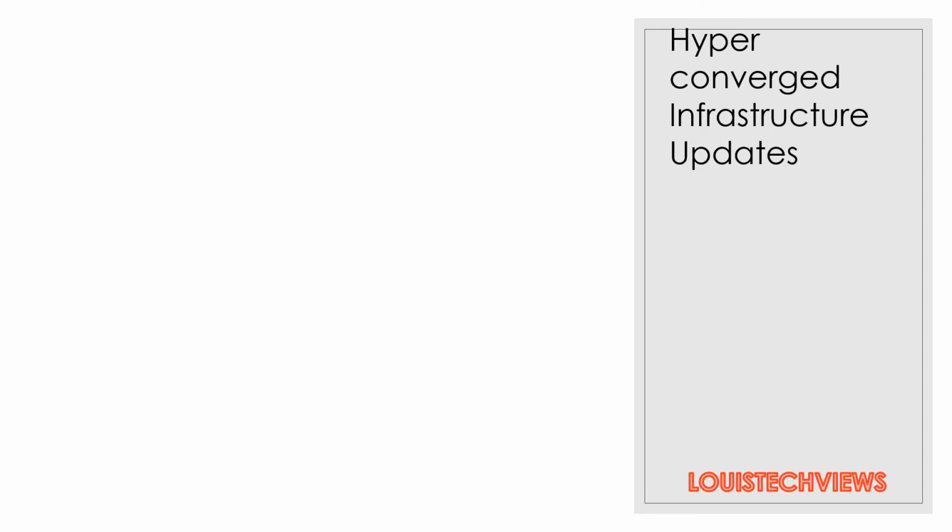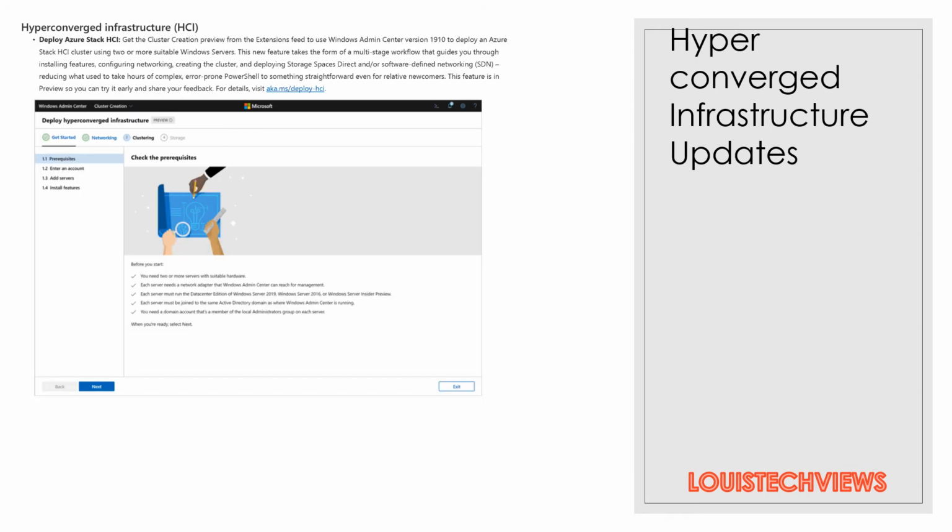And so let's go into hyper-converged infrastructure updates. There are some capabilities where you can deploy Azure Stack HCI in Azure in Windows Admin Center. Azure Stack HCI, you can think of as a kind of Azure that you run on your own servers in your own data center that can integrate with Azure itself as well.